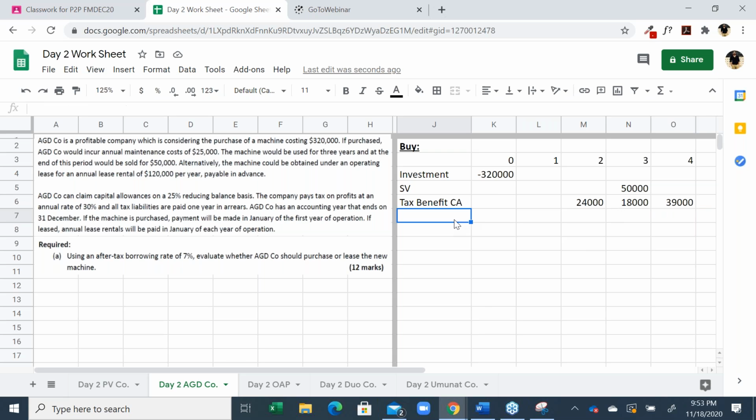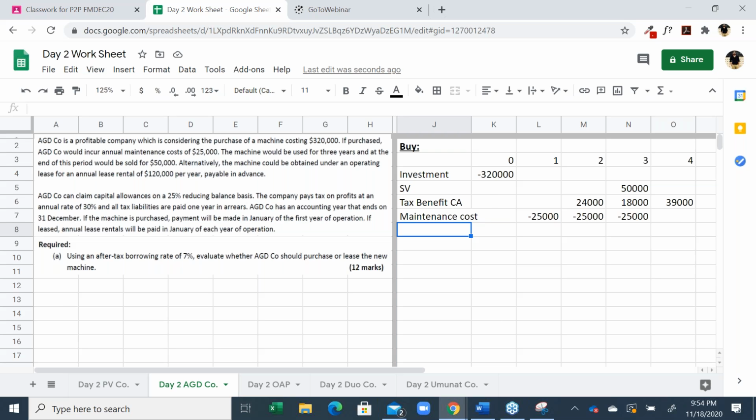Now comes the maintenance cost. Maintenance cost will be at the end of each year. So 25,000, 25,000, and 25,000. Right?